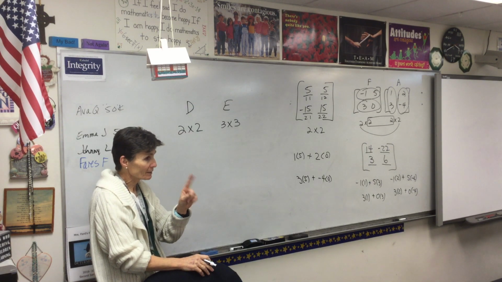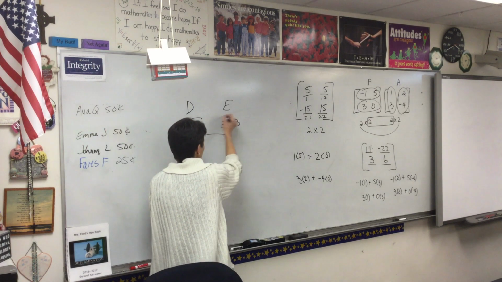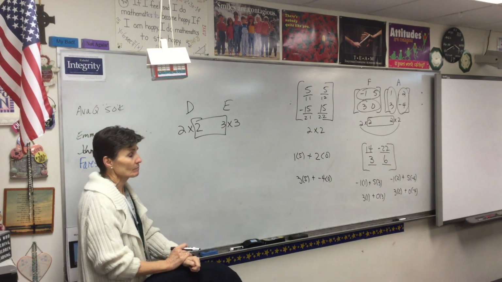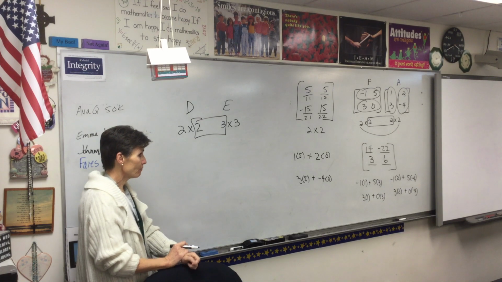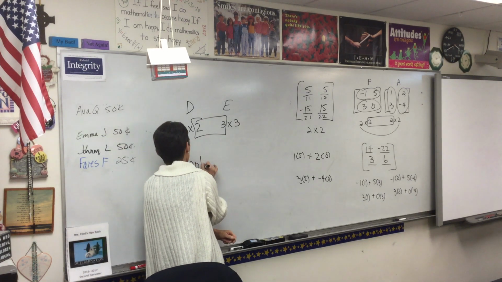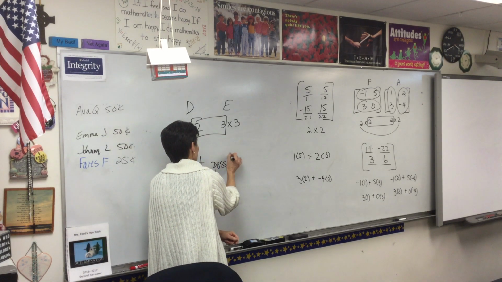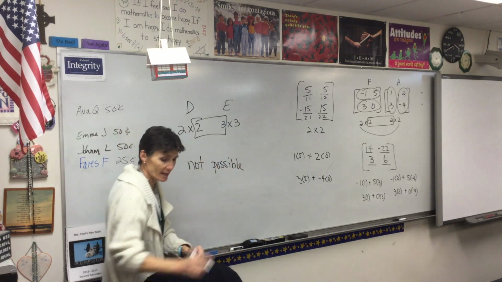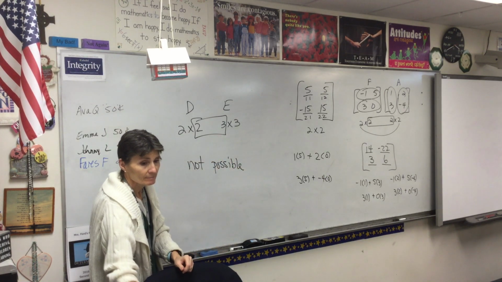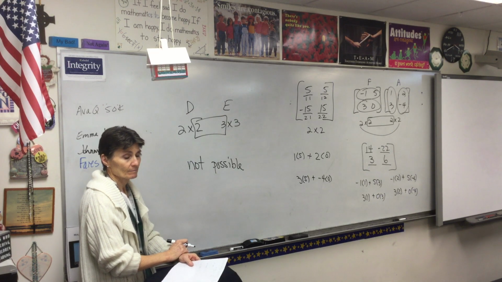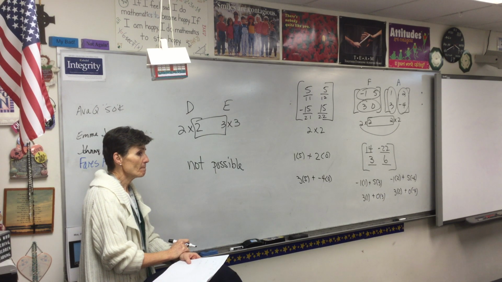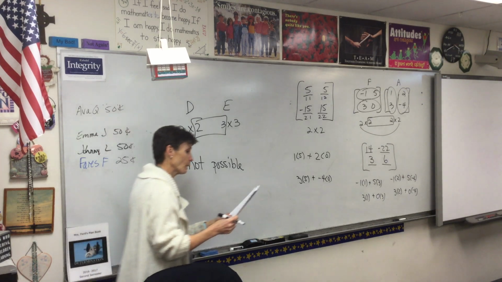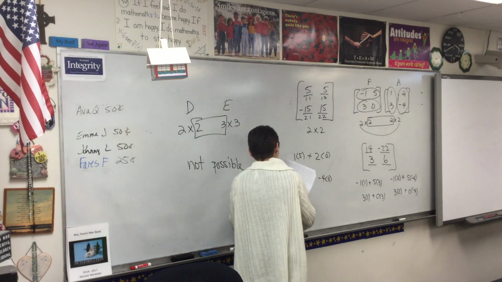The rule for multiplication is these have to match. They don't. So therefore, it's not possible. You cannot multiply D times E. Got it?